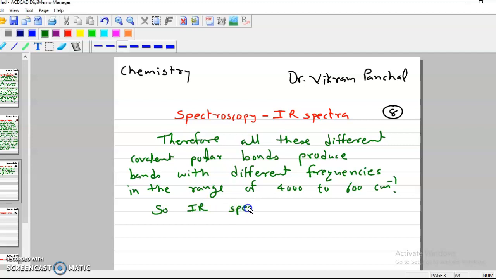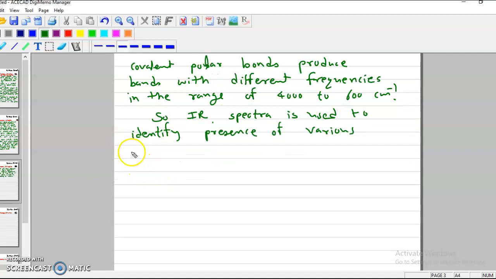Therefore, IR spectra is used to identify presence of various polar bonds associated with different functional groups.